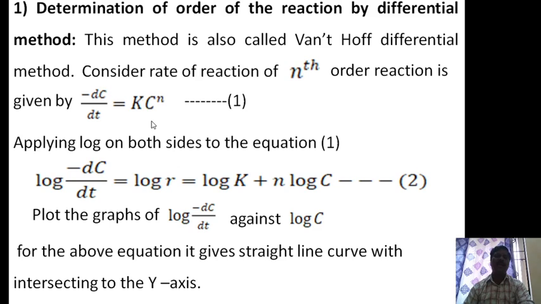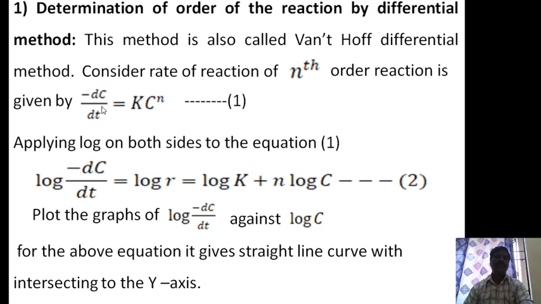Again, we know by the logarithmic property, log of m into n, therefore log k plus log c to the power of n. Again, the log of m to the power of k property gives n into log c.